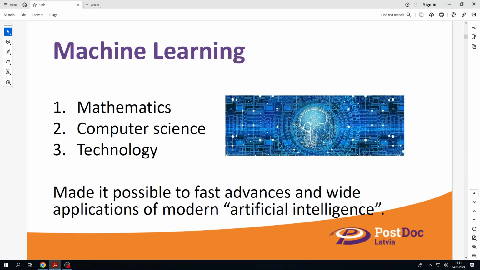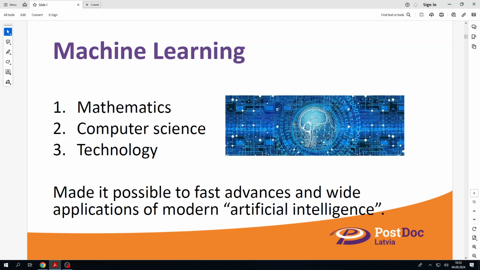So first of all, what kind of knowledge does machine learning rely upon? Obviously we are dealing a lot with computers, and we rely heavily on computer science and the technologies themselves. That is hardware, software, programming skills, etc. But this is also quite complex from a mathematical point of view.